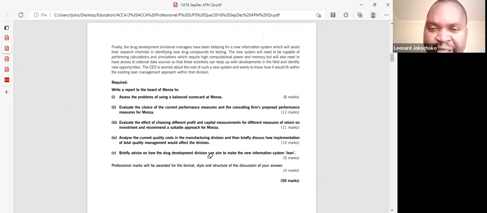The CEO is worried about the cost of such a new system and wants to know how it would fit within the existing lean management approach within the organization, within that division.